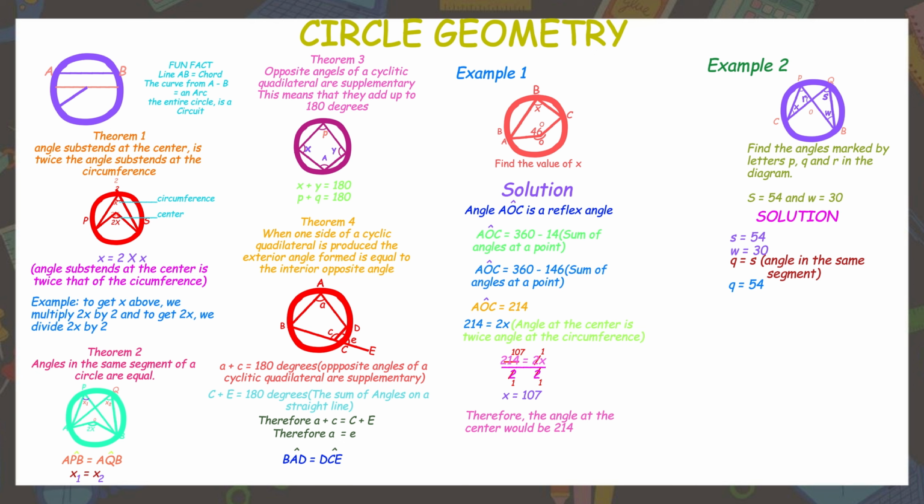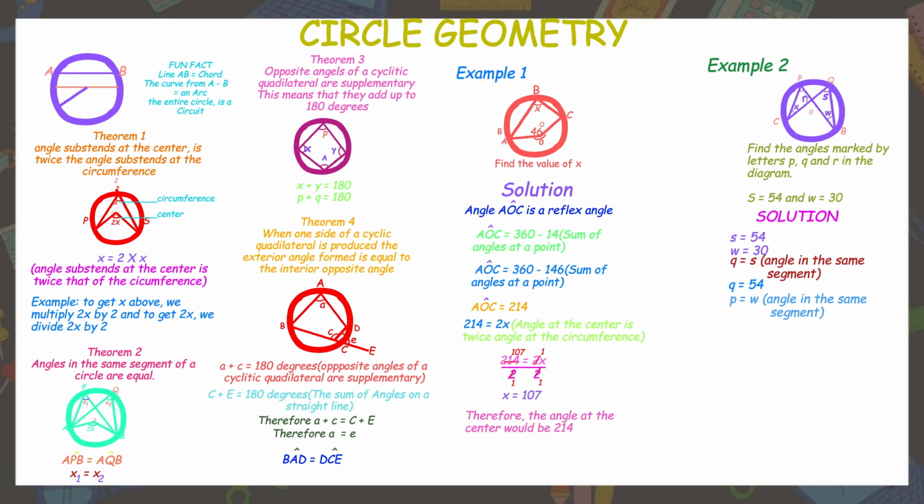And that means that Q is equal to 54. P is equal to W, the same reason in the second segment: angles in the same segment are the same. So if W is 30, that means that P is also equal to 30 degrees.